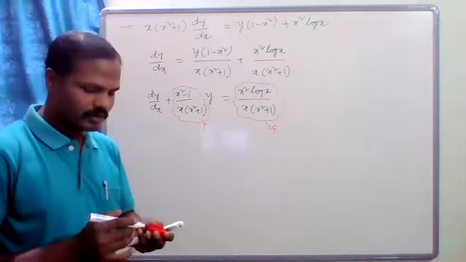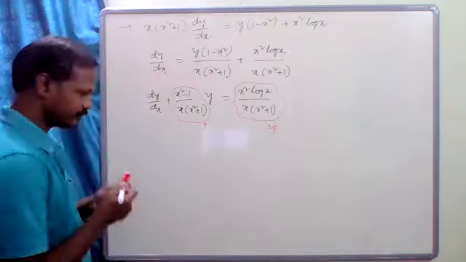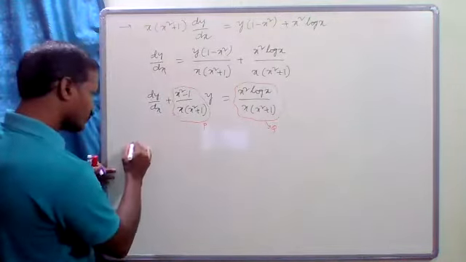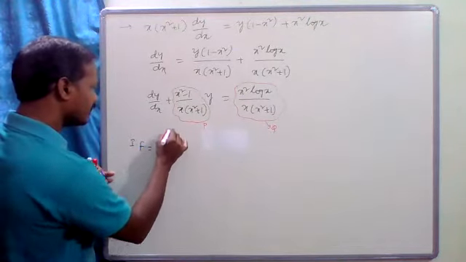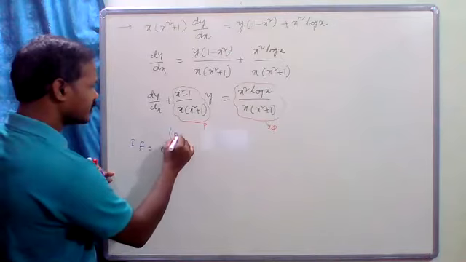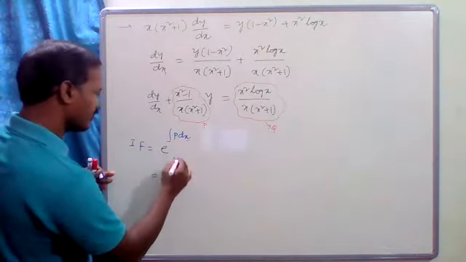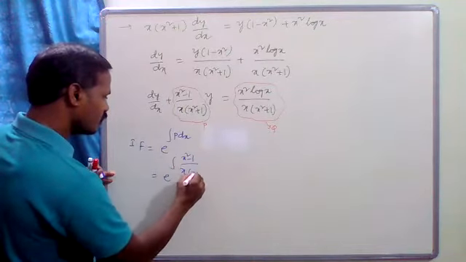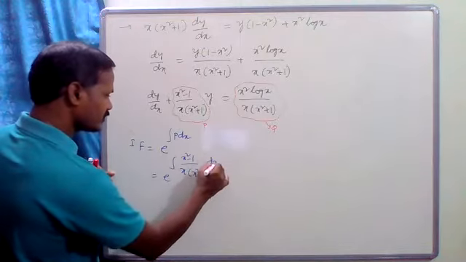Now what you have to do? You have to find the IF. IF equal to e power integral p dx, which equals e power integral of (x square minus 1) by x into (x square plus 1) dx.